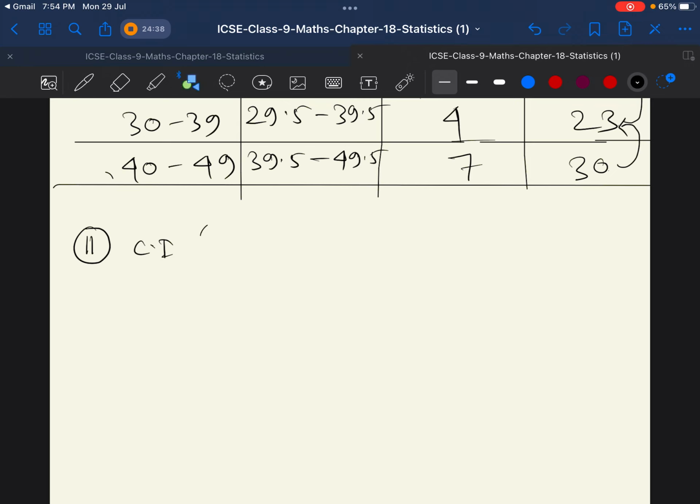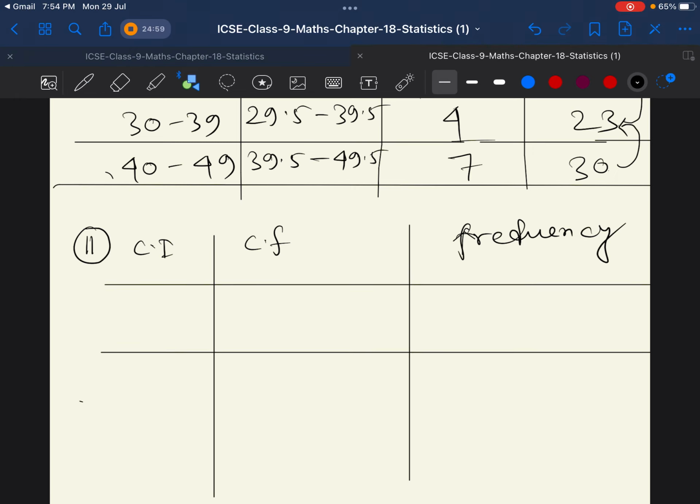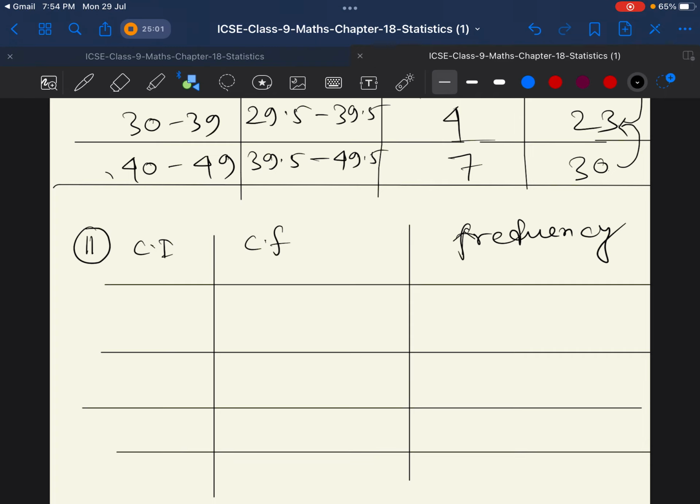Okay, and this is the cumulative frequency, so we have to find the frequency table. Okay, frequency, so 1 2 3 4 5.